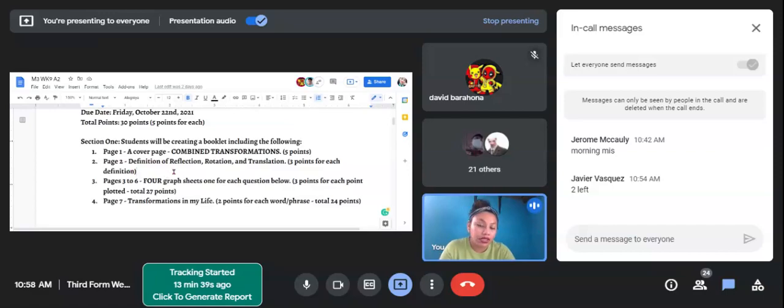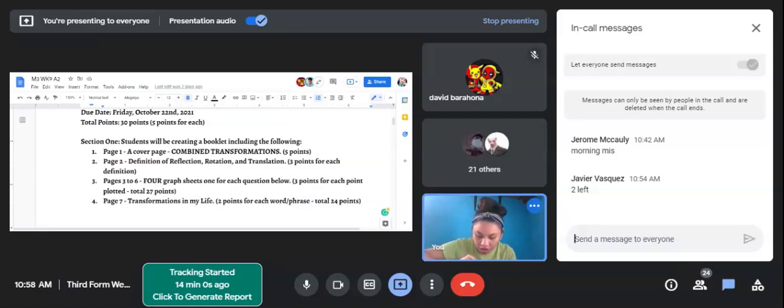But what I want to see is that you have a definition for what is reflection, what is rotation, and what is translation. You could go back to the PowerPoints that I have posted with the information. If you are a package student, you are still supposed to have the packages with you that have the information.